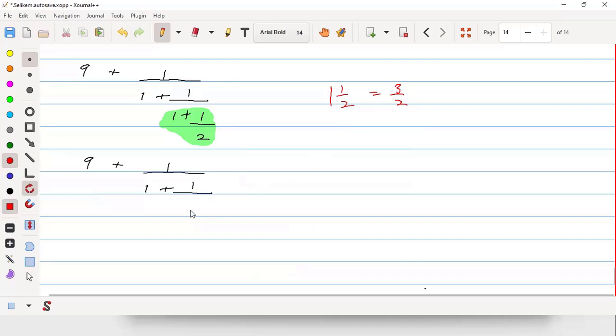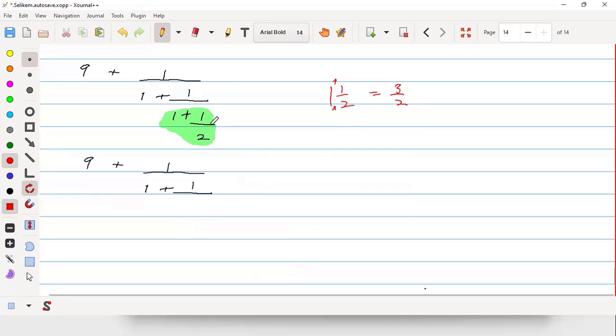Let's do it on 2. Wait, I thought it was like 2 over 2 because 1 plus 1. So 1 times 2, or 2 times 1 plus 1. Have you forgotten this? No, no, no. Yeah. So 2 times 1 plus 1 is 3 over 2.